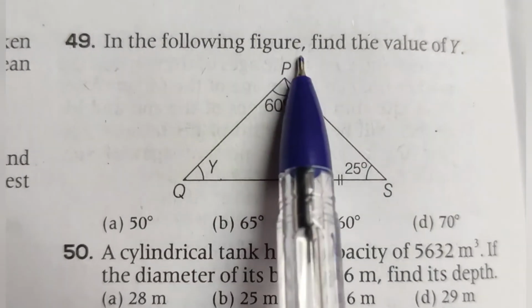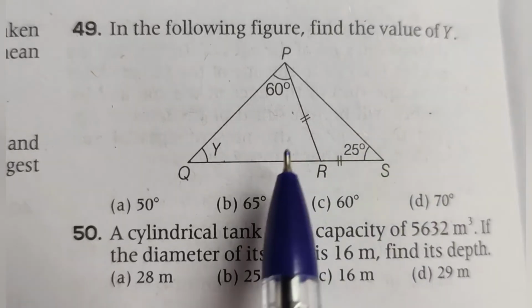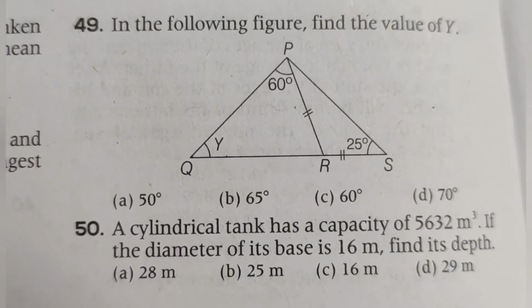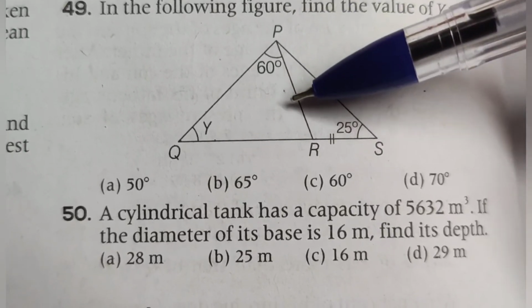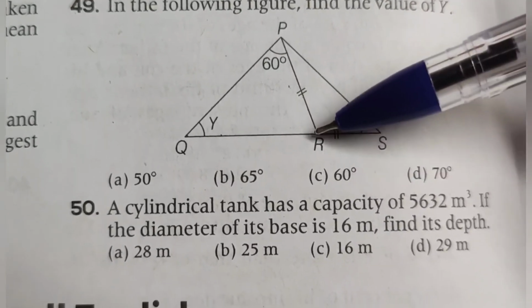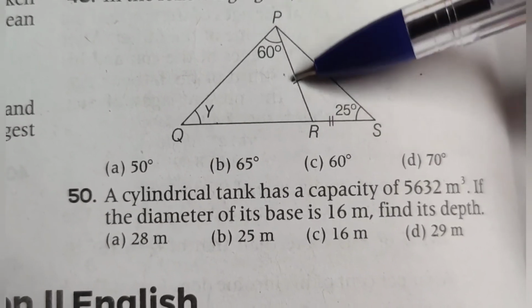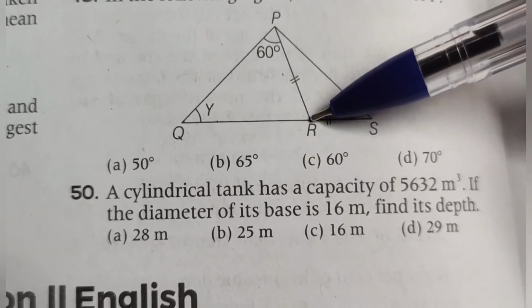49th question. In the following figure, find the value of y. A triangle is given. Listen carefully. These two small dashes indicate RS equal to PR. These two sides are equal.